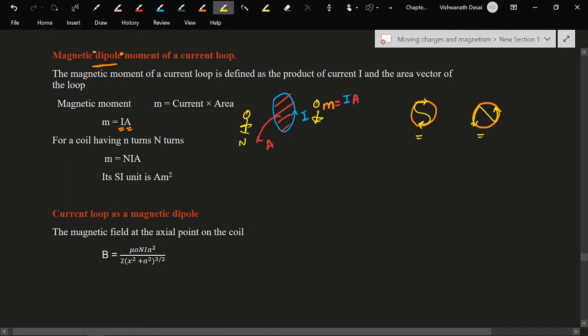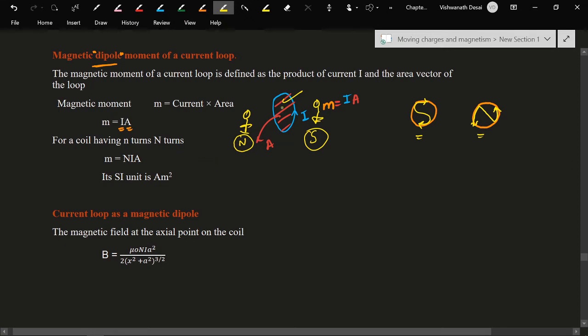For the other person standing here, the current appears to flow in clockwise direction, so for him the face of the coil looks like a south pole. So two poles exist in a single current carrying loop. That is why it is called a dipole.